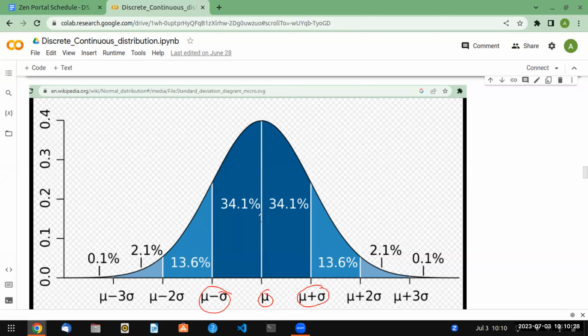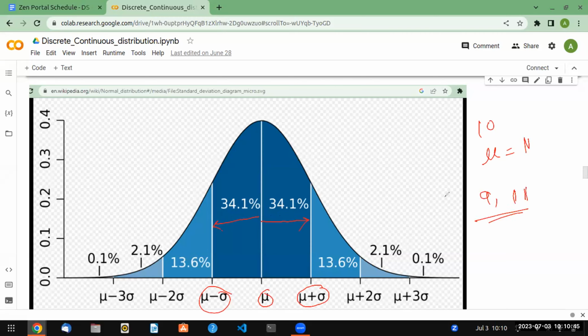This is called the first standard deviation. Now suppose mu is 10 and sigma is 1, then what is the range? 9 to 11.